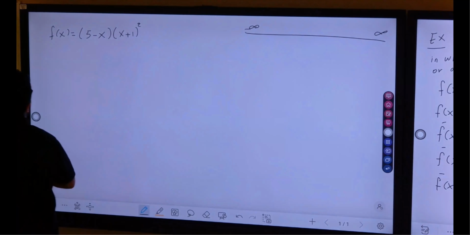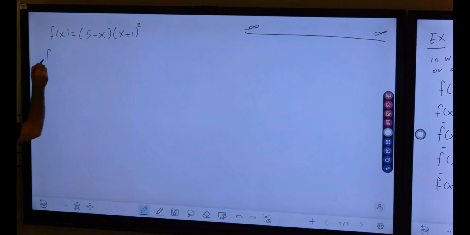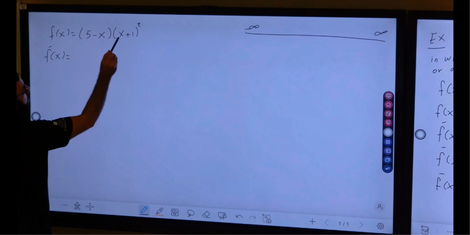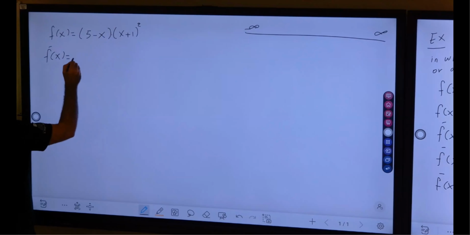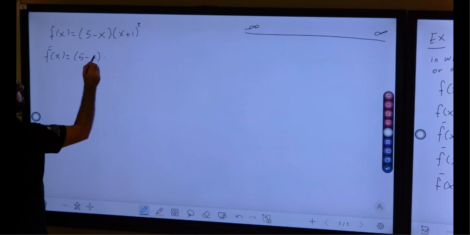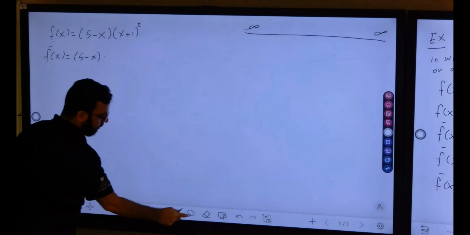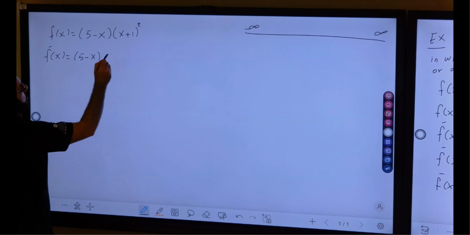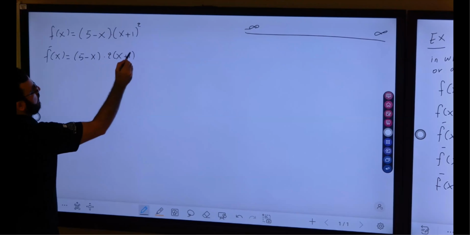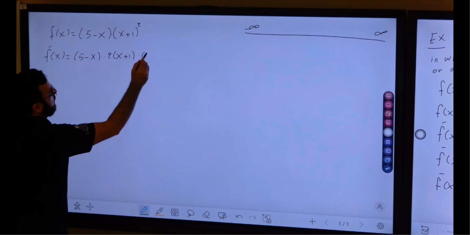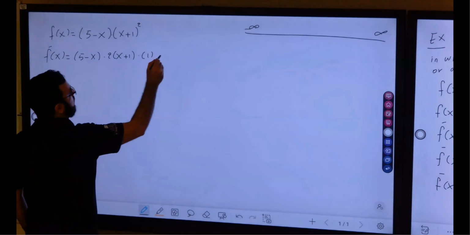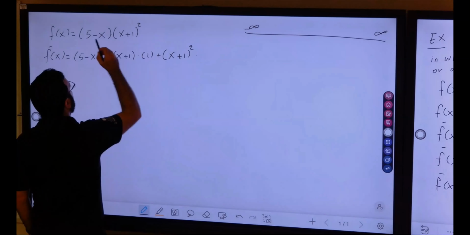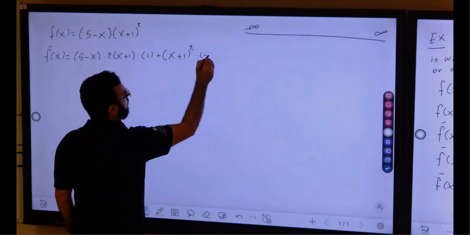So I'm going to find the critical numbers. That means the derivative of x, which is two functions. So we're going to use what? Product rule. That means the first one times the derivative of the second one is going to be 2, parentheses 2 minus 1, 1 times the derivative of inside is 1, plus the second one times the derivative of the first one is going to be negative 1.